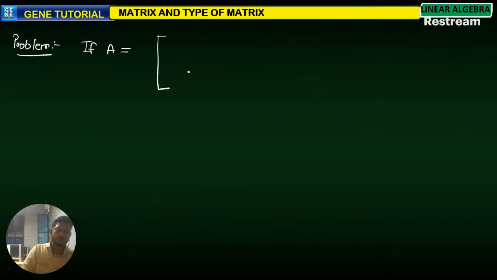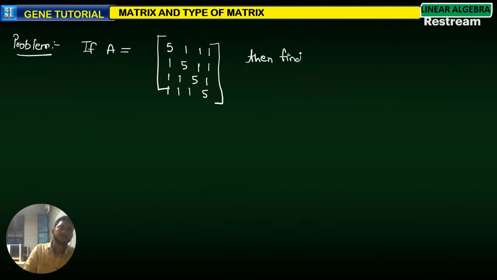The problem is like this: take A equal to the matrix with rows 5 1 1 1, 1 5 1 1, 1 1 5 1, and lastly 1 1 1 5. Then find A to the power 50.